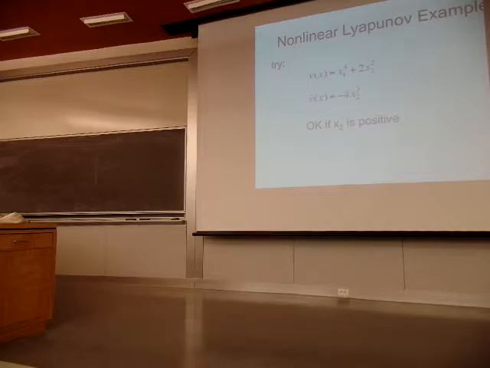For a linear system, if I've shown stability, is it stable for the entire space? Any thoughts? For any value of x1, x2 for a linear system, can it be stable?